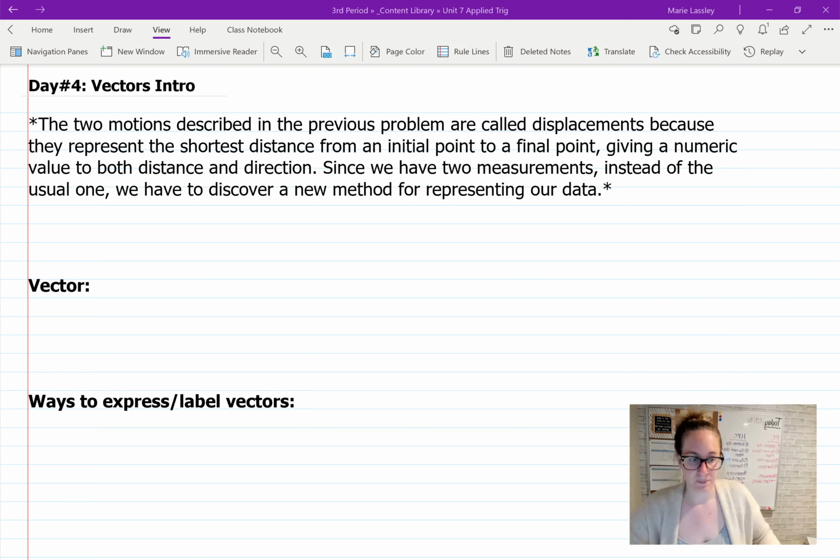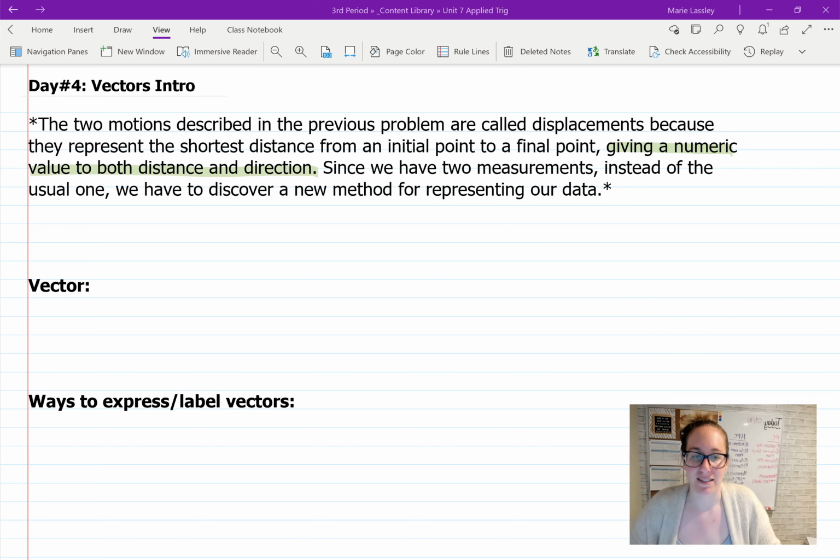Sorry, I lost something and I had to find it. Okay, so let's highlight this. I know this is a lot of stuff, and I definitely wouldn't say write all of this down. This is basically what you need to remember: vectors give a numeric value to both distance and direction.